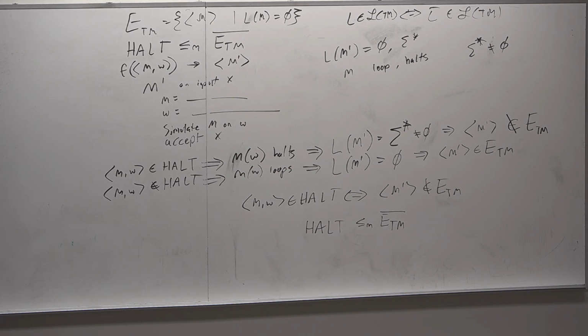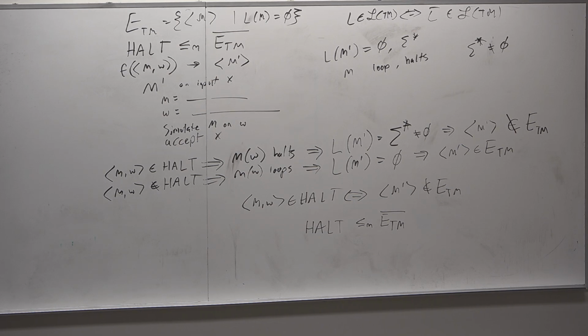But the problem is now a little bit more meta because it's a problem about machines that a machine cannot solve. So not only does there not exist a way to determine if a machine accepts a word, there also does not exist a way for you to determine, given a machine, if it accepts any string. Not just a fixed string, but any string. Is the machine empty? You cannot determine this.